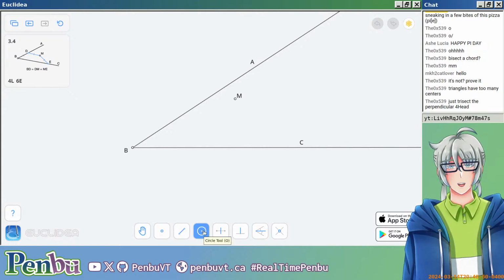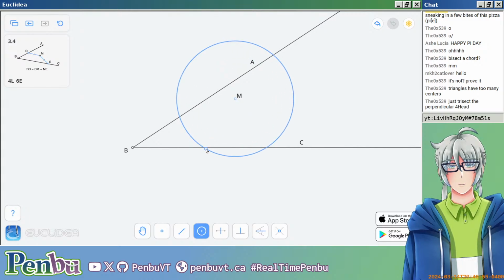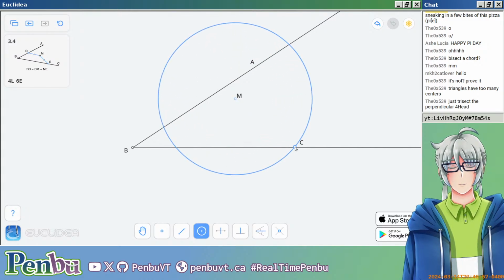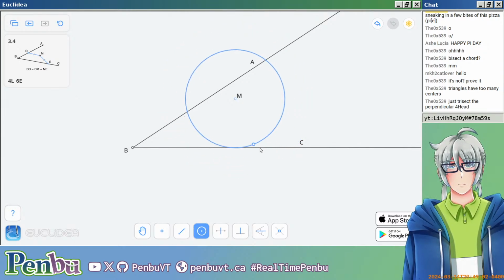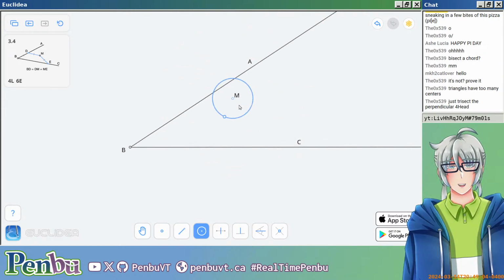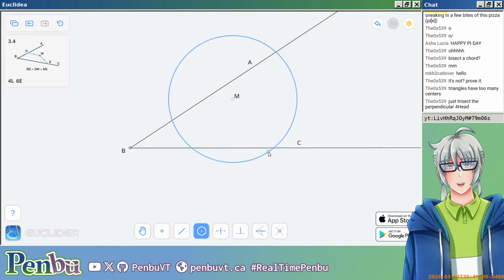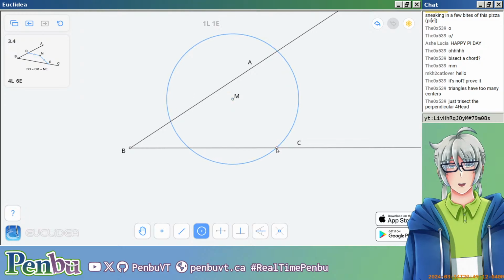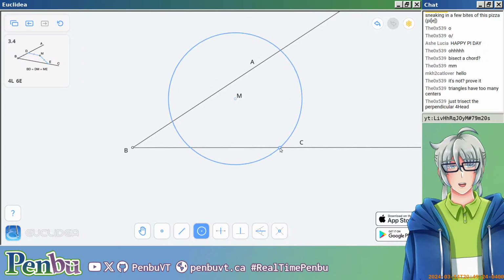Well, we know that for things to be equal, we have a circle. And so from this point, we have 2 basic circles here. We have one circle that extends from here to somewhere on C, and then we have another circle that extends from here to somewhere on A. And these 2 circles have to be the same size.